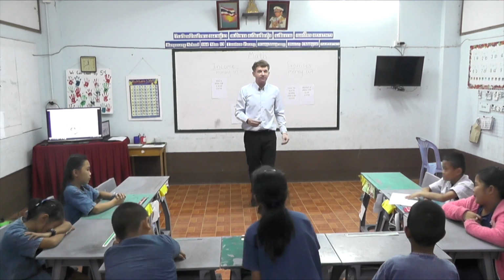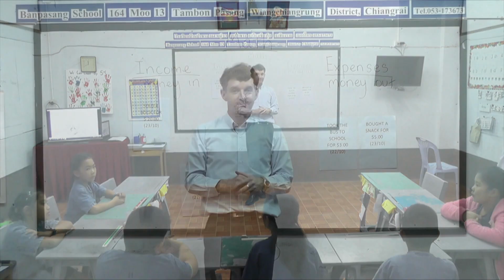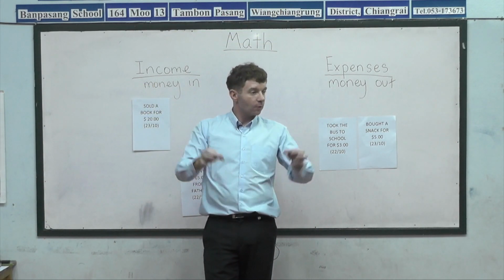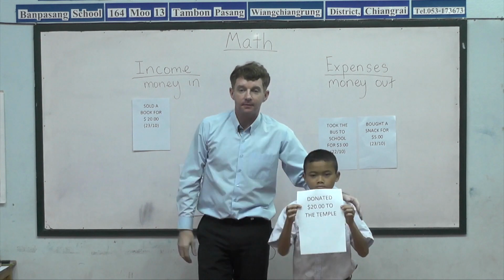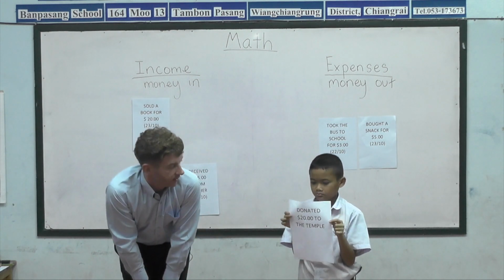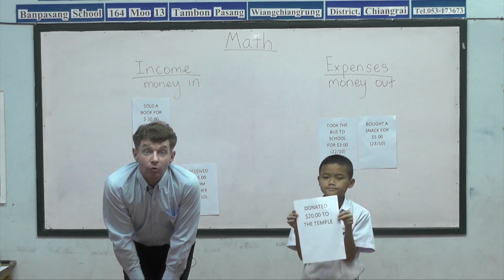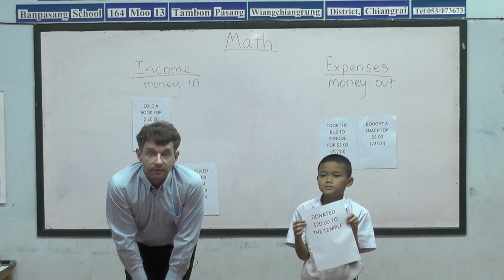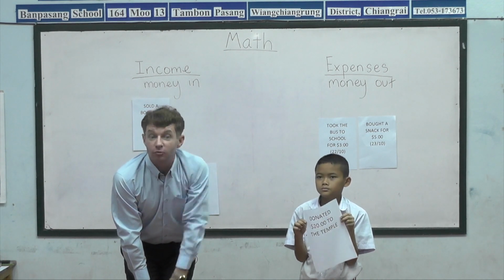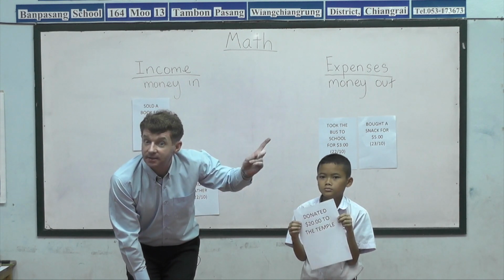Let's open our eyes, please, guys. Chew, come and join me at the front. Okay, so let's hold your flashcards up high. What does it say, guys? Donated $20 to the temple. Remember, donate is when we give money to charity. So will that be income or expenses?